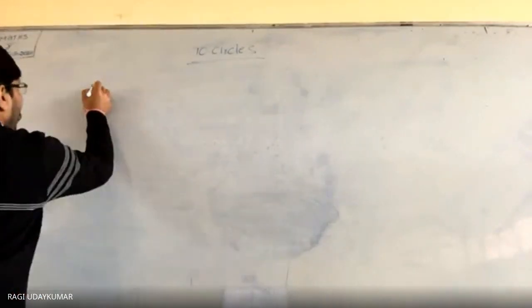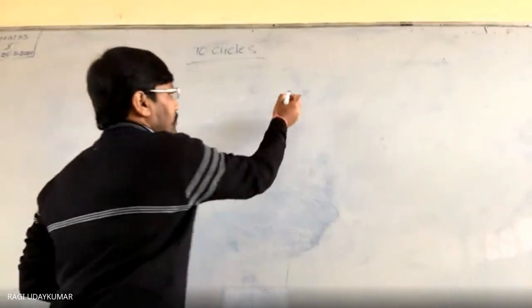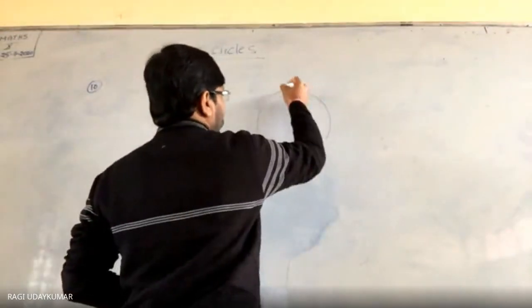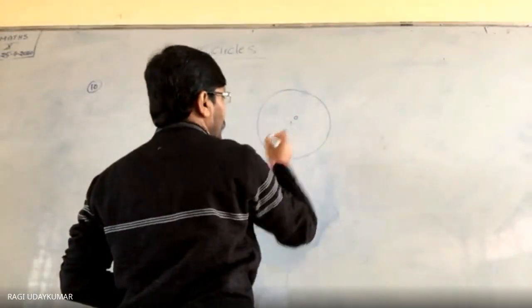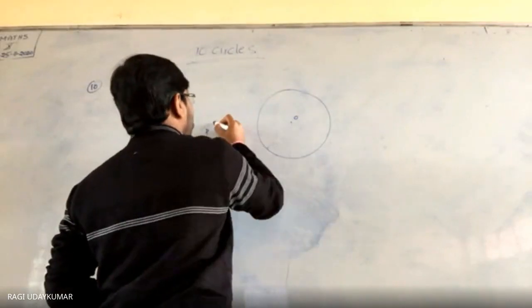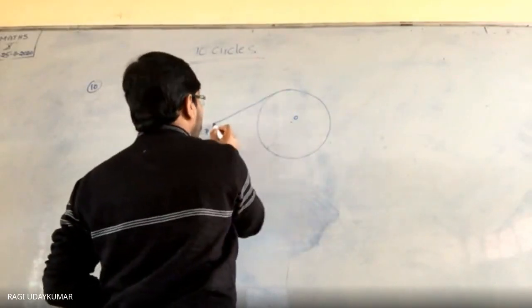So from an external point to a circle. You take one circle. This is the center of the circle. From an external point P, two tangents are drawn.